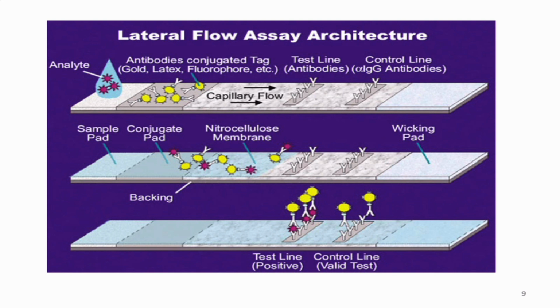Yeah, Jamie. The antibodies will also bind. So now these antibodies are also going to bind to the virus. This antibody and this antibody are going to be held in close proximity to each other because they have a virus in the middle. It's like sandwiched in the middle of them. So the virus is going to hold these antibodies together. And that's going to allow for a nice sustained color change. And as a result, this test line is going to suddenly go from invisible to pink. Does that make sense?